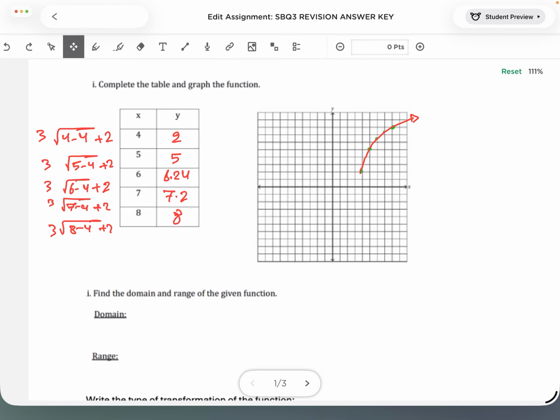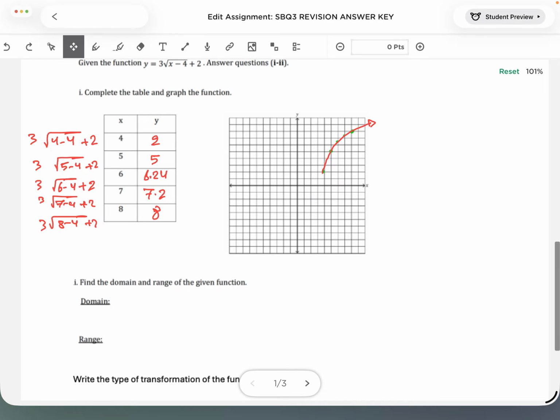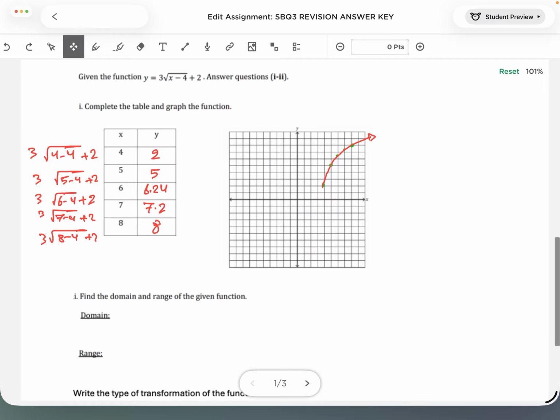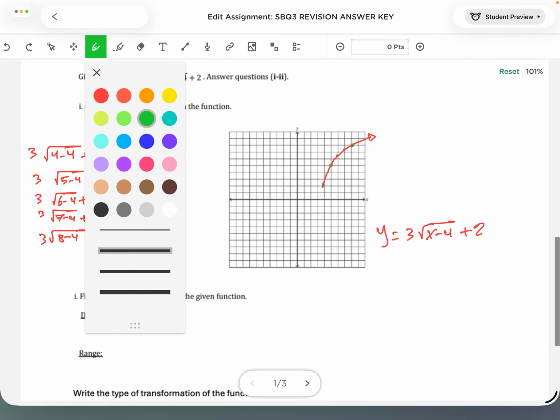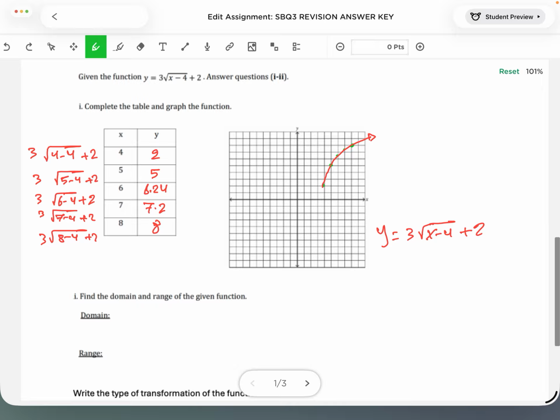Now the question is asking me to find the domain and range. Domain, let me write the function here. Y equals 3 times the square root of x minus 4 plus 2. For the domain, I will consider the radicand, which is the value under the radical, and I will make it greater than or equal to 0.